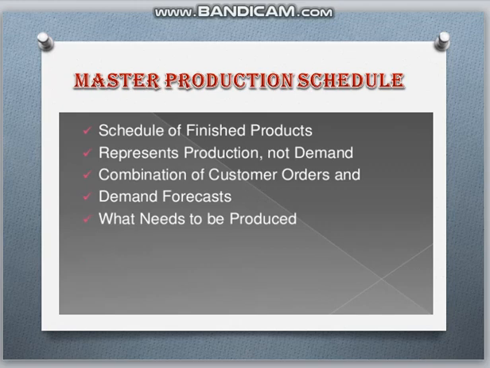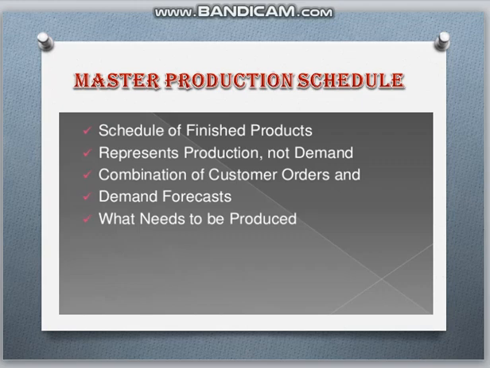For example, if we are producing a car, where the marketing department tells us to produce 100 cars in 3 weeks, this master production schedule says how many are needed and how many we are supposed to produce.